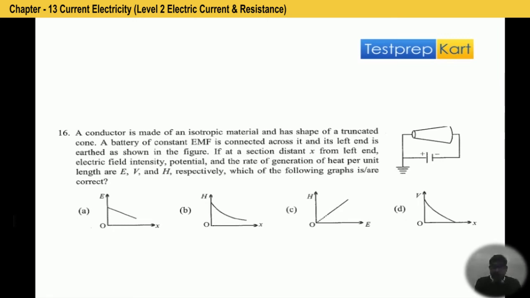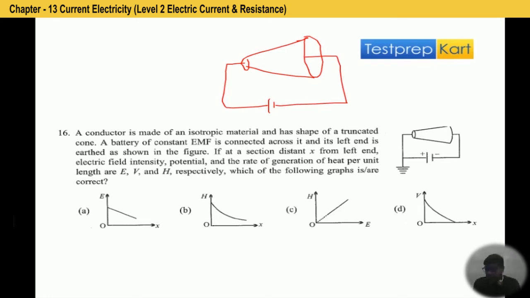Okay. So here we can see there is a cone which is truncated. It means the cross-sectional area is changing. Now it is subjected to a constant potential, so there will definitely be an electric field inside it. We can write J equals sigma into E, where sigma is the conductivity of this material.